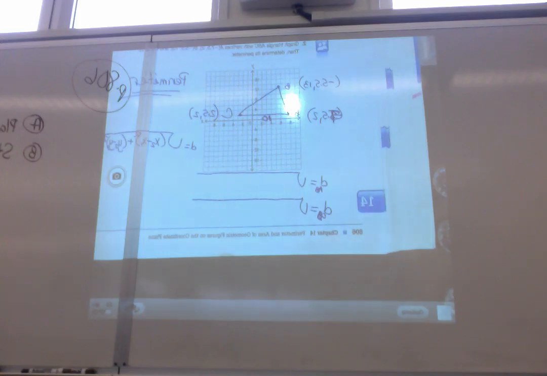Okay, so CB is right here. You got to use these points and plug them into the formula. Good. You have CBD, but you're going from here to here. You got to use those coordinates. Plug them in.